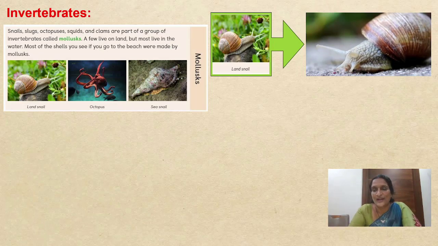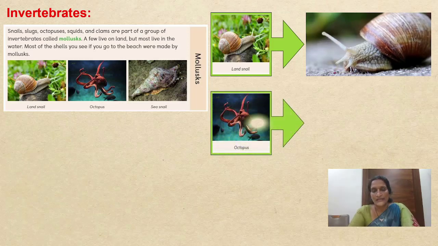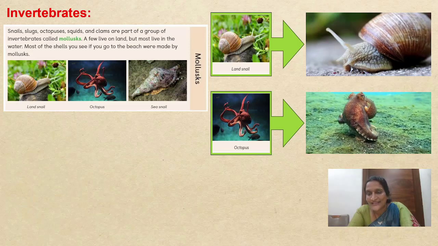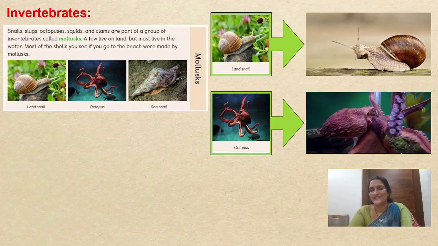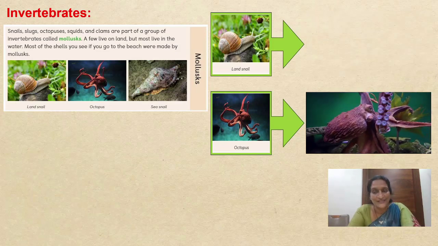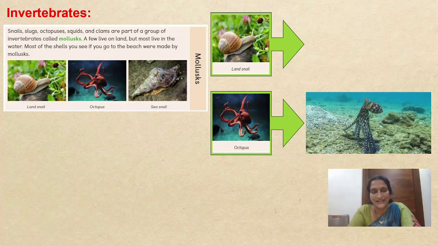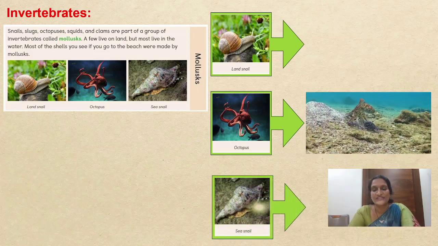These shells are made up of salts by mollusks. And one more example is octopus. This animal is called octopus. Very interesting, is it not? Yes. Octopus. And the next one is sea snail.